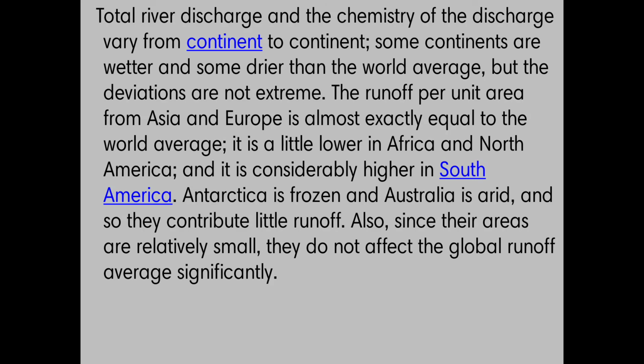It is a little lower in Africa and North America, and it is considerably higher in South America. Antarctica is frozen and Australia is arid, and so they contribute little runoff. Also, since their areas are relatively small, they do not affect the global runoff average significantly.